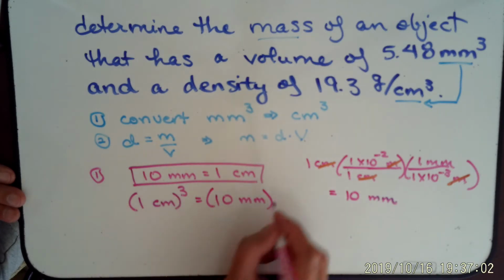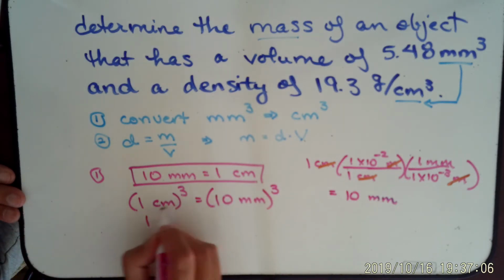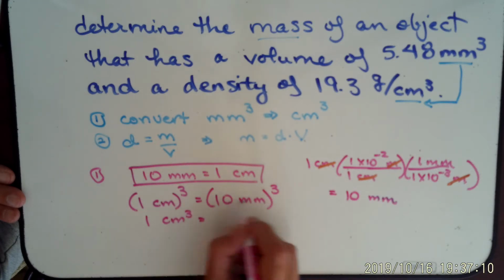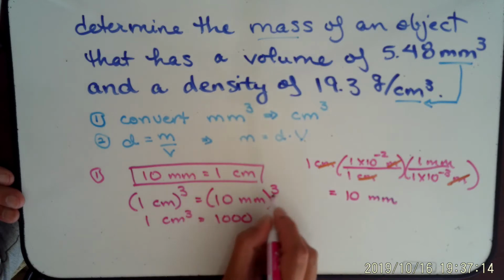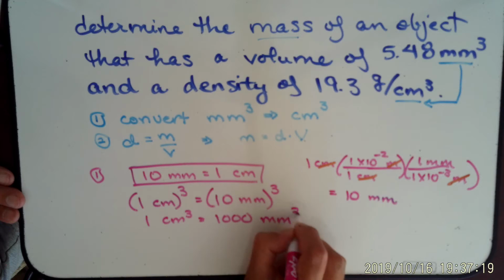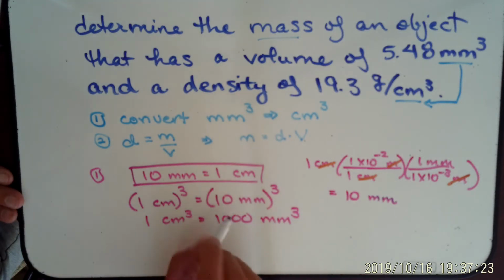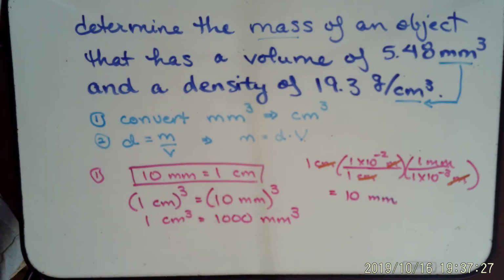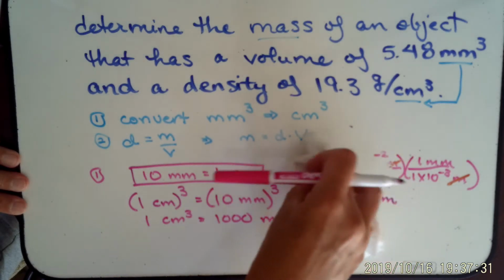So 1 cubic centimeter is equal to 10 times 10 times 10, so 1,000 cubic millimeters. Okay, so now we have our conversion unit. We can do step 1.